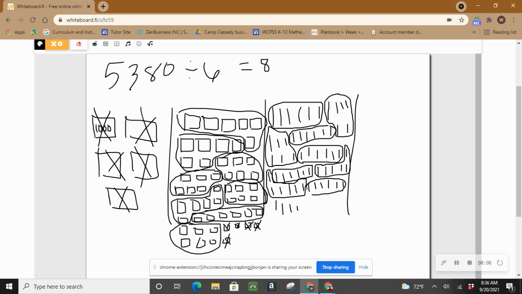And 9 groups. So I'm going to put a 9 up here. 9. So I've got 4 of these left.